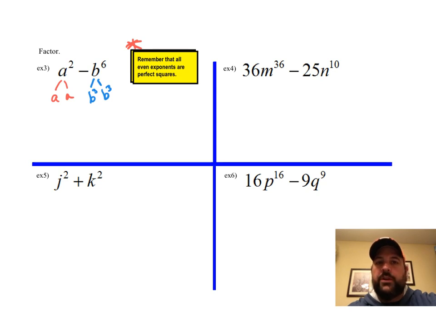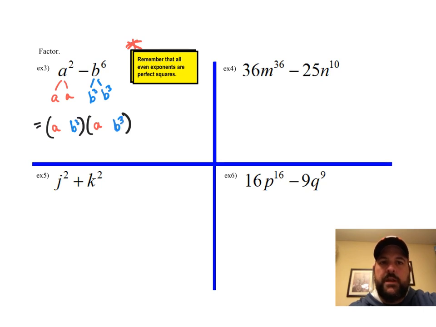Now we're going to take those two things and put them into our binomials here. We're going to have the a as the first term in each set of parentheses, b to the 3rd as the second term in each set of parentheses, and one plus and one minus. And again, my check really here: the first multiplication gives me the a squared, a times a.